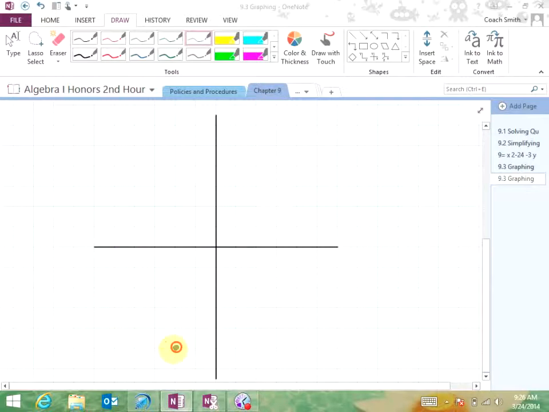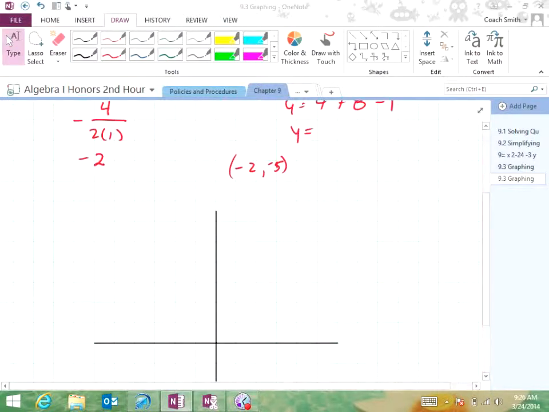Okay, and so it's going to look something like this now, because it goes up, but we've got to find the other points. So we want to go 3 points to the left, 3 points to the right. Okay, so to the right, negative 1, 0, and 1. 3 points to the left would be negative 3, negative 4, negative 5.